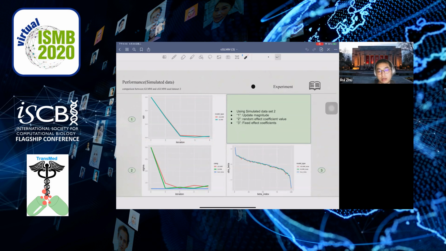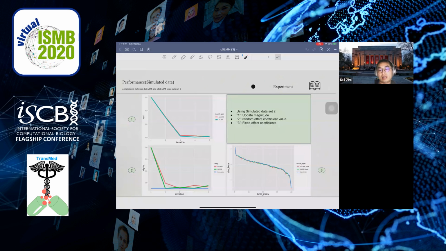The second graph is the random effect coefficient value, which is sigma. We can see it's also pretty similar. And the blue line is the true sigma. Since this is simulated data, we know the true sigma. The last graph is for beta. We have 100 SNPs, so we have 100 betas. We can see GLMM and CGLMM perform pretty similarly and pretty close.